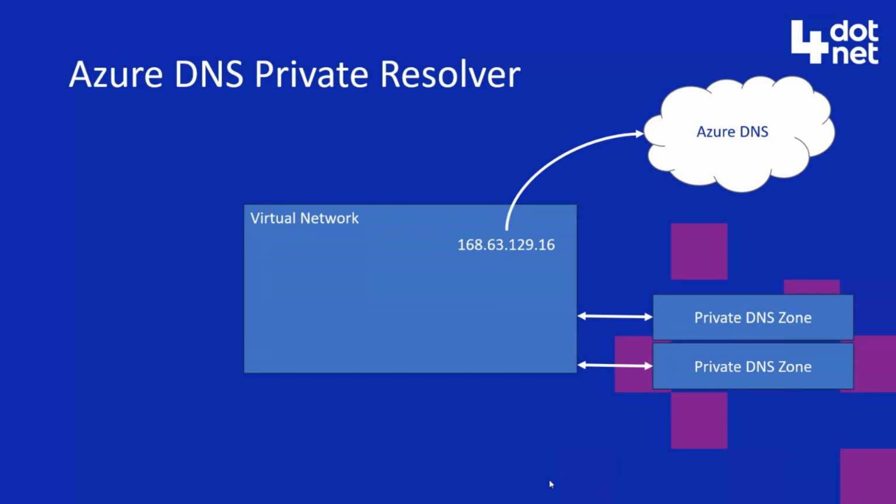Now, what happens if I connect to this network and I try to resolve, let's say, the host name of my SQL Server? What typically happens is that my machine would consult the Azure DNS, and the Azure DNS would resolve the public IP address.